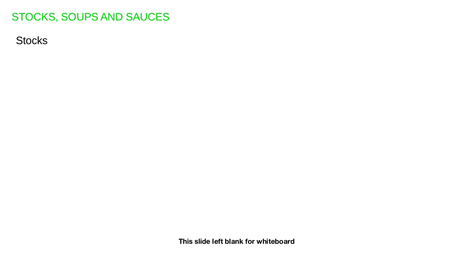So we have rules that we normally follow in making this stock. Number one, you have to make sure that the cooking pot you're going to use is quite clean, and also use fresh ingredients.